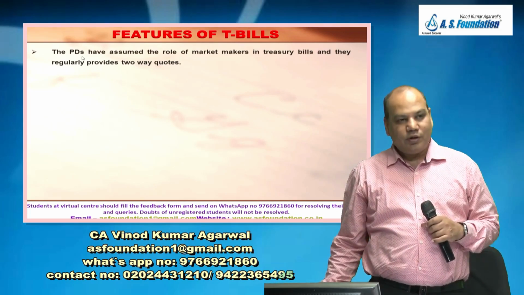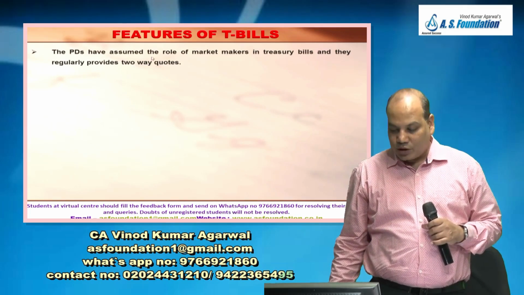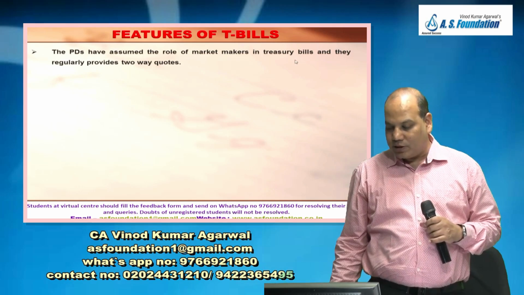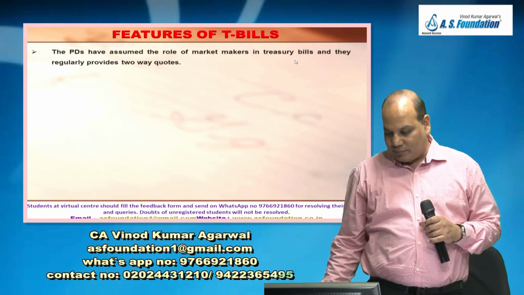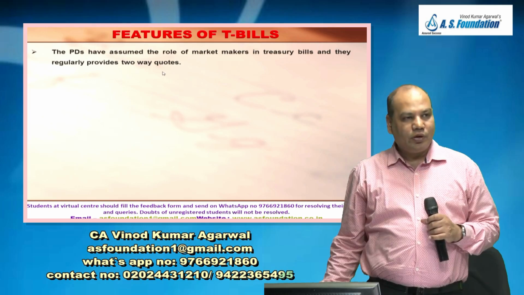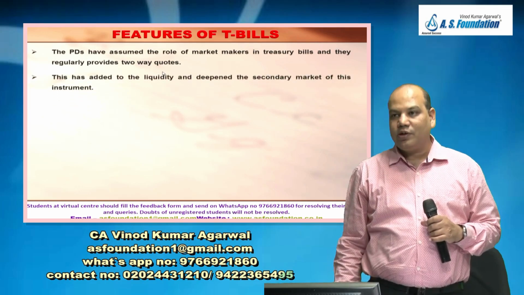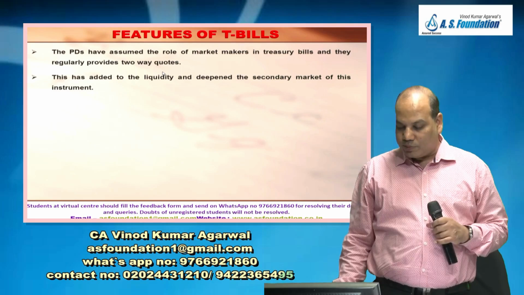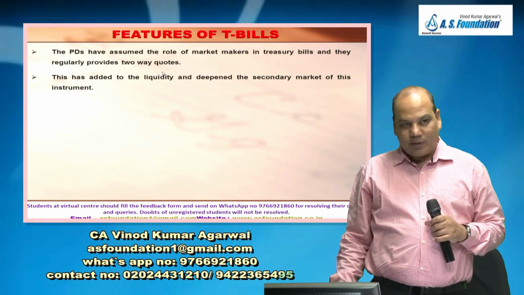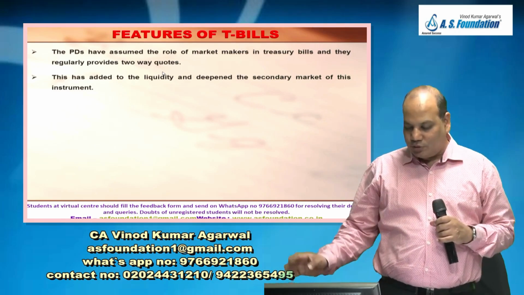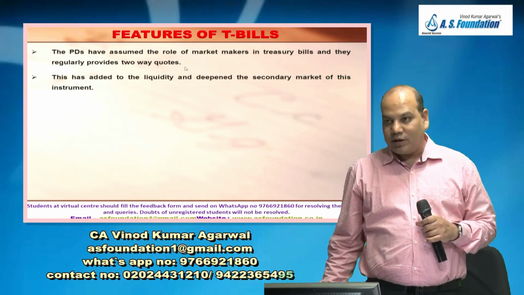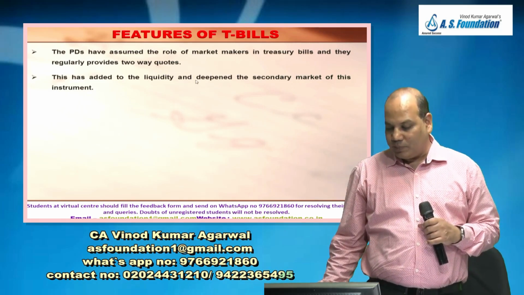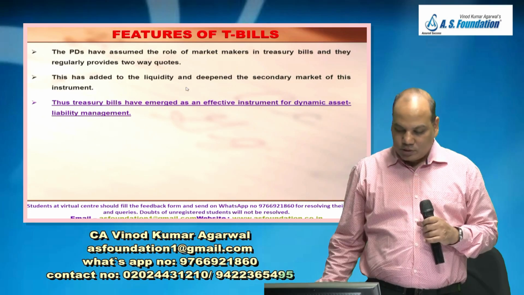The PDs, what is PD? Primary dealers have assumed the role of market makers in treasury bills, and they regularly provide two-way quotes. So that means if you want to buy or sell anytime, you can approach the primary dealers. They can buy from you and sell to you. This has added liquidity and deepened the secondary market of this instrument.